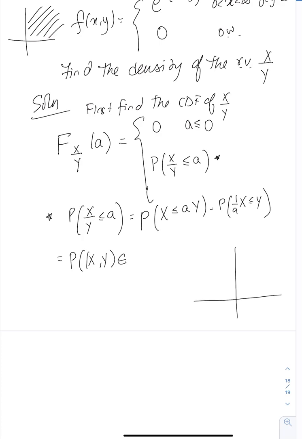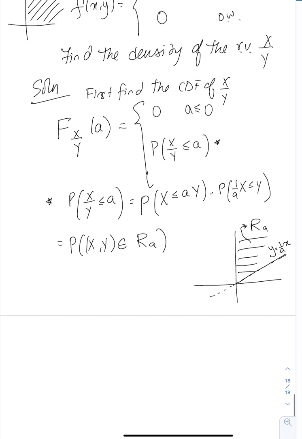Let's draw the line y equals 1 over ax, and y is bigger than 1 over ax. Let me just call this region R sub a. This is the same as the probability that x comma y is in this region R sub a, right?